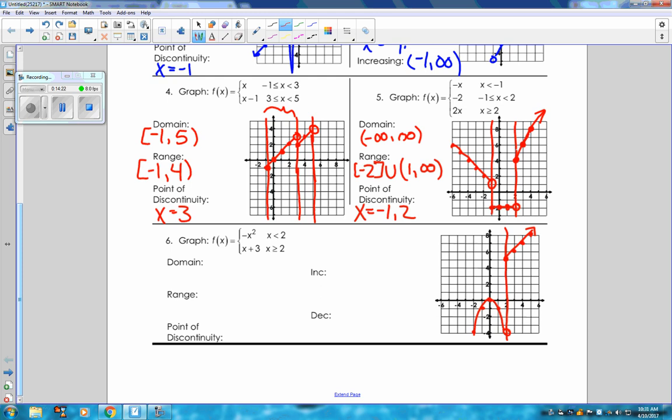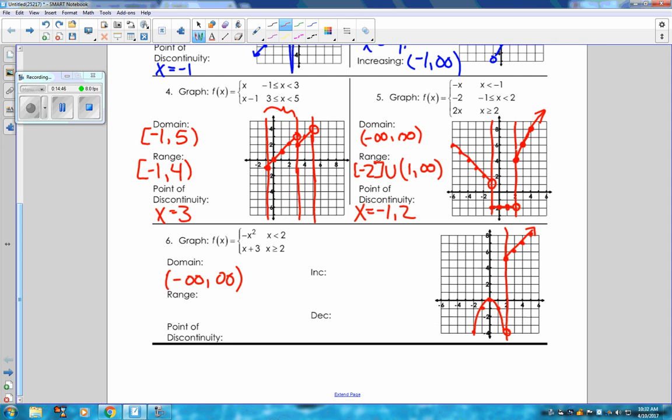Okay. What's my domain? All real numbers. What's my range? What's the lowest point that my graph can go?